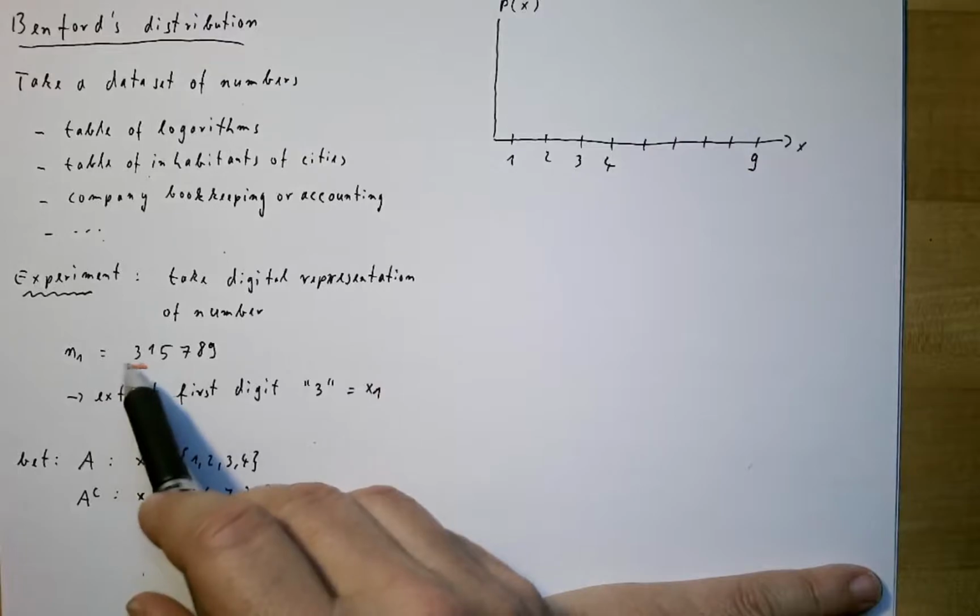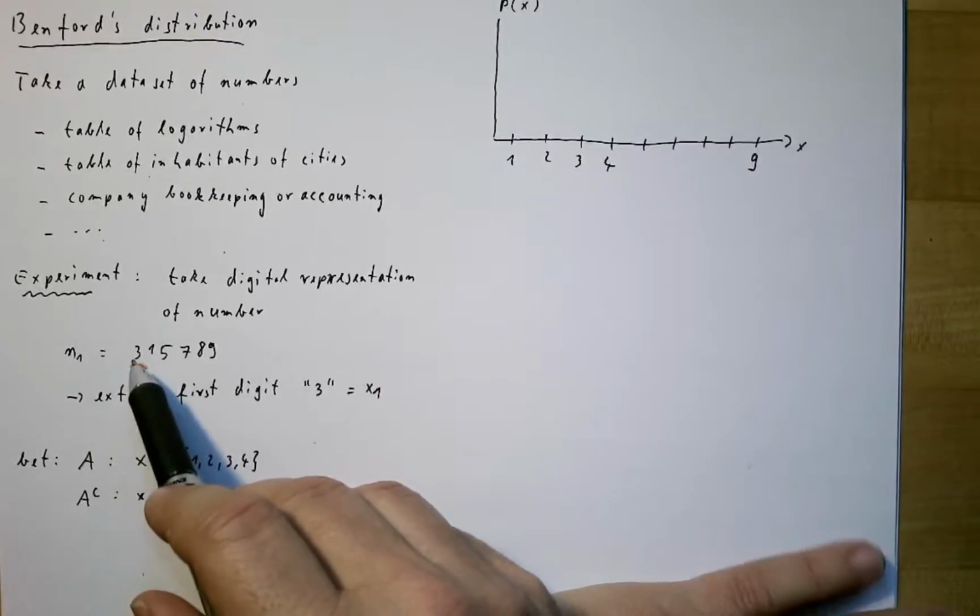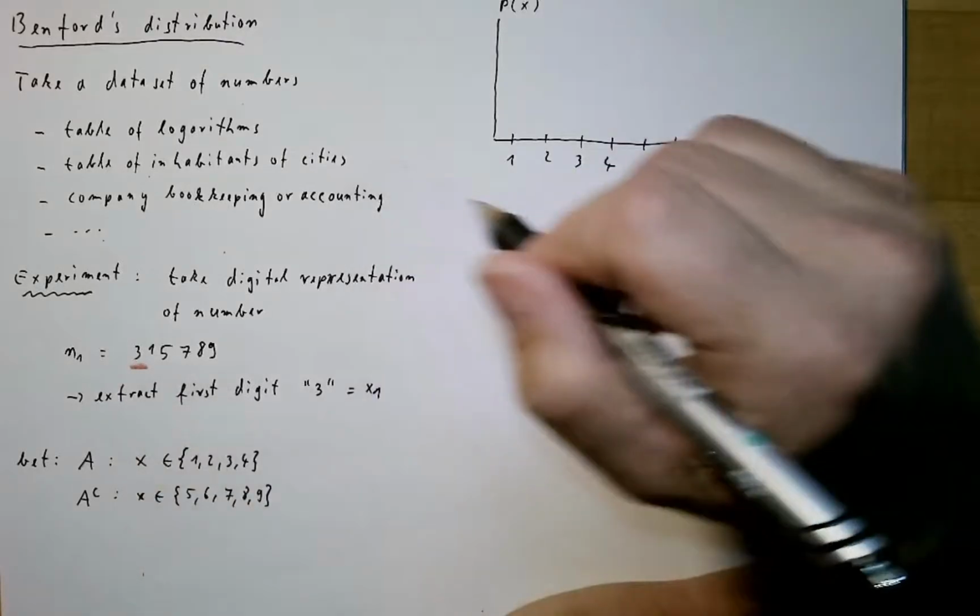because smaller digits appear with much higher likelihood than larger digits.